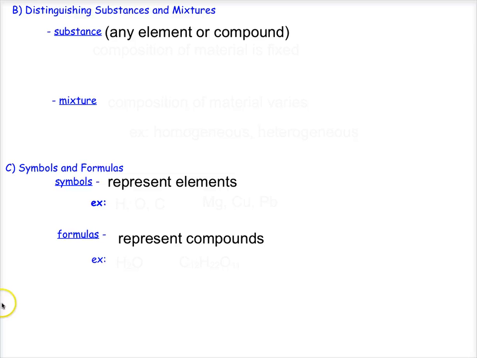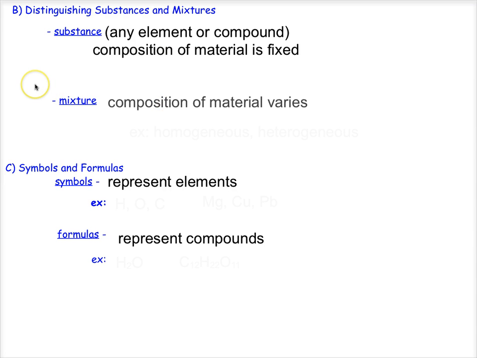Remember, substances are what we would refer to as elements or compounds collectively. And if you are talking about an element or a compound, the composition of that material is fixed. However, in a mixture, the composition of the material varies, and we can say that that mixture is either homogeneous or heterogeneous. Okay. And so that's one way to distinguish between substances and mixtures.